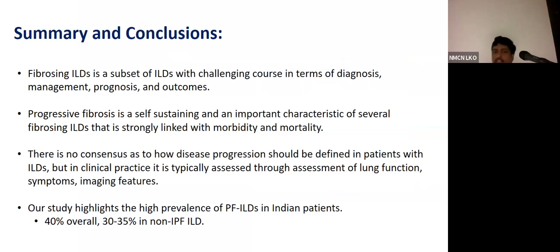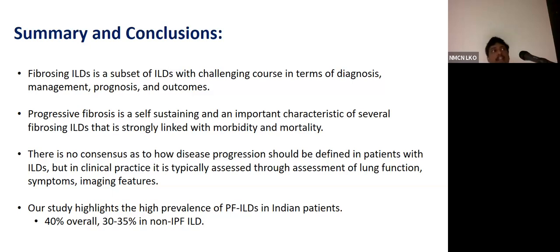There is no consensus on how disease progression should be defined in patients with ILDs. But in clinical practice, it is typically assessed through lung function, clinical assessment of symptoms and signs, and HRCT chest to see the progression of radiological findings.